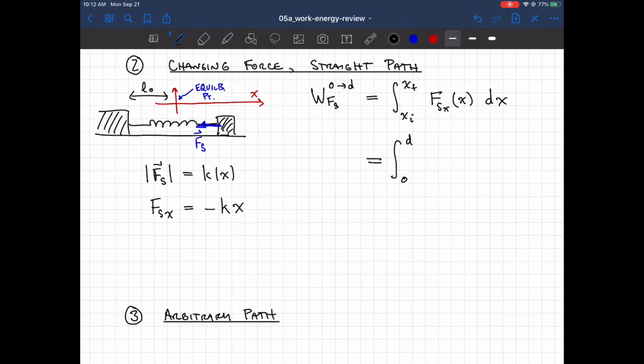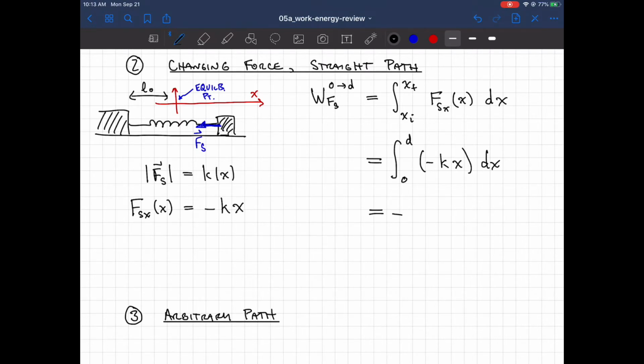That's the x component of the spring force as a function of x. So let's plug that in. So we have the integral of minus kx dx.